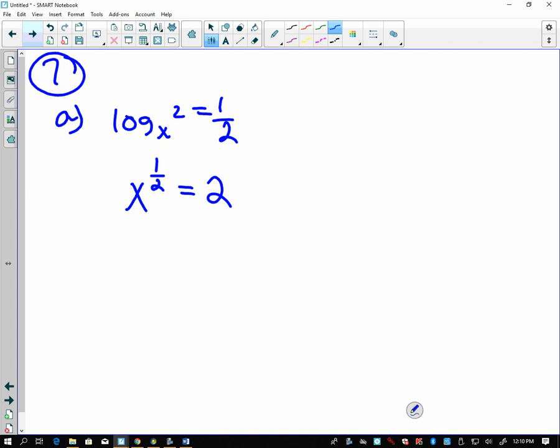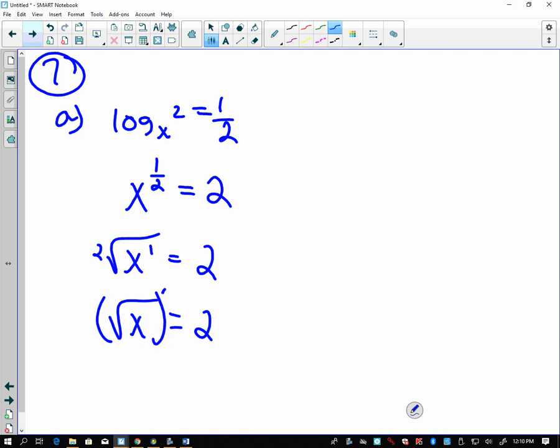So I got x to the 1/2 equals 2. So x to the 1/2 is the square root of x equals 2. If I wanted to undo the square root of x, I would square both sides. So I would get x equals 4.